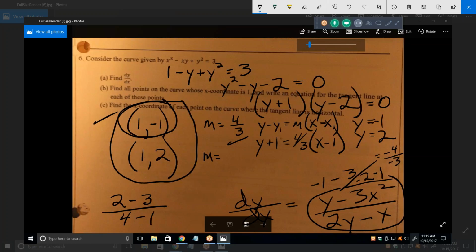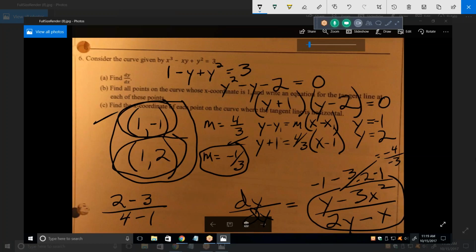So that is negative 1/3. Okay. Now use the same point slope format. There's our point. There's our slope.